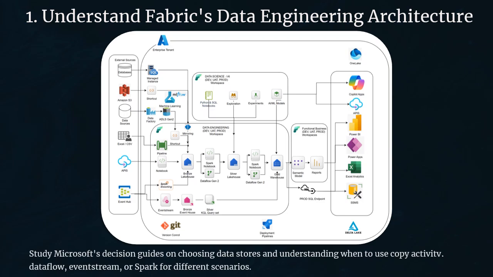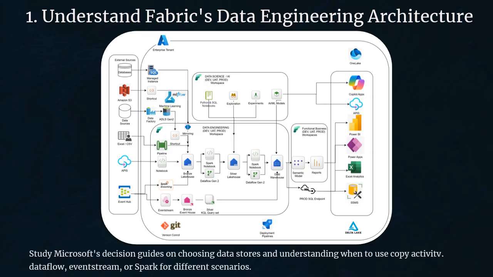Within OneLake, data is organized into domains, logical containers that align with business areas or data zones and help enforce governance and security policies. Inside each domain, you'll find workspaces, which are collaborative environments where teams create, manage, and share data products with their own compute and storage.